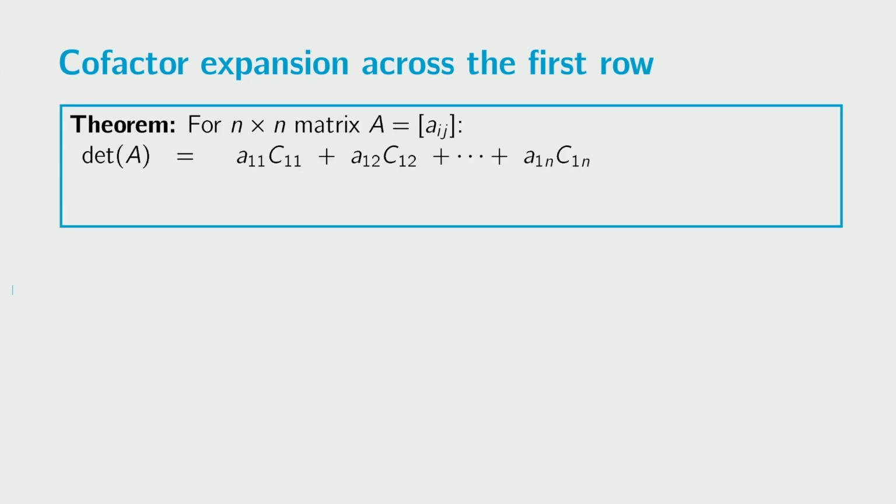This is the formula for the cofactor expansion for a determinant. Multiply each element of the first row by its own cofactor and add these products. Or, said differently, the determinant is the sum over the first row of A of the products of 3 factors: the checkerboard sign, the element of A, and the determinant of its submatrix.